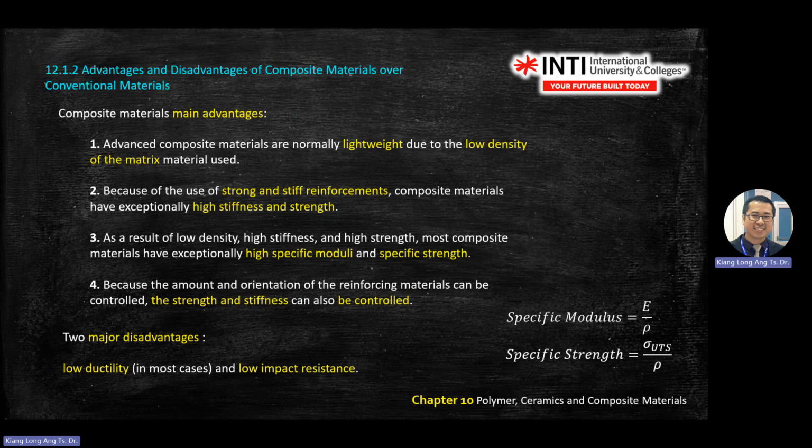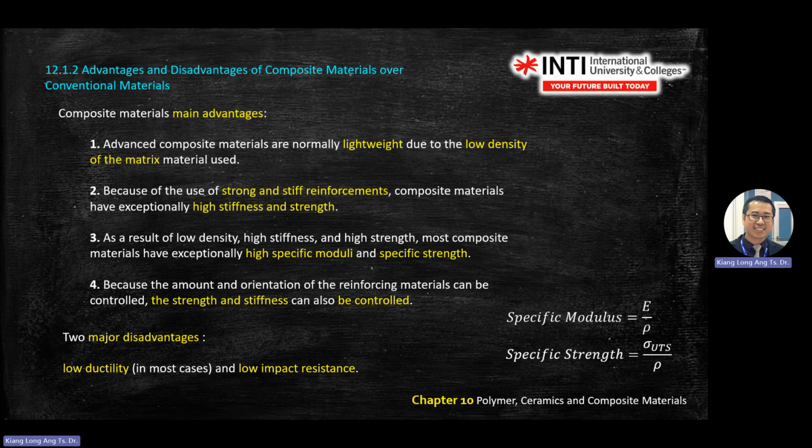Since the slide shows specific modulus, or moduli, the equation is: for modulus E, the Young's modulus or elastic modulus, if there is the word specific there, you divide the value by the density.